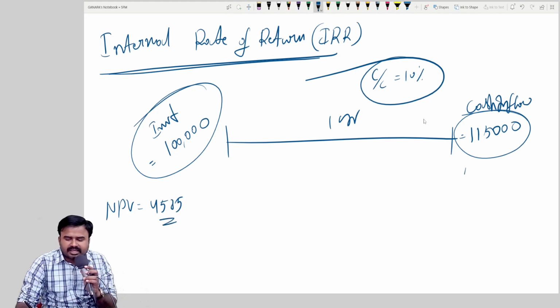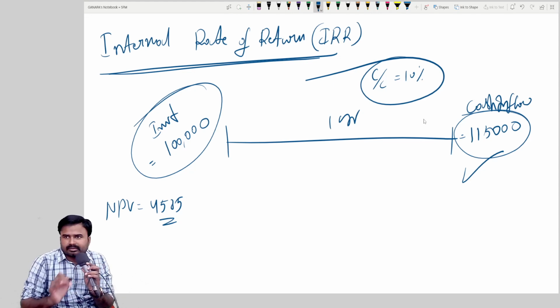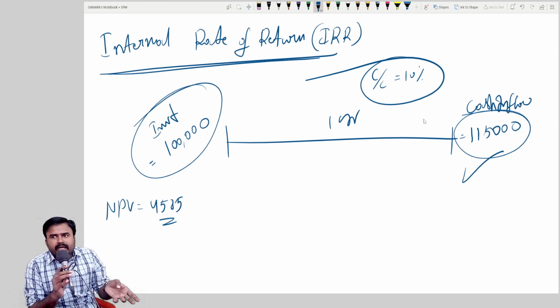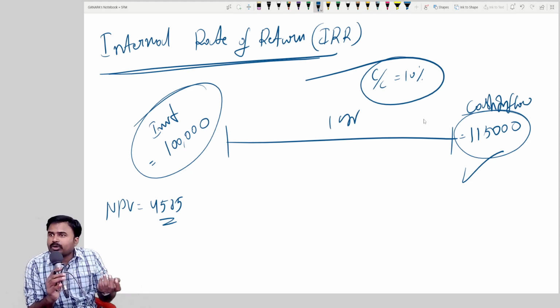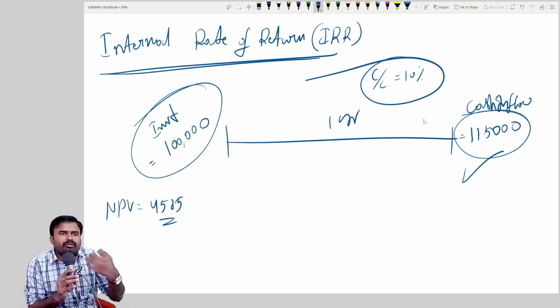This 4,535 says this cash inflow has such a capacity to recover my cost of capital and also my investment. That means this cash inflow of 1,15,000 is loaded with my minimum expected return of 10% cost of capital, which is the expected return of long-term investors, and my investment of 1 lakh.